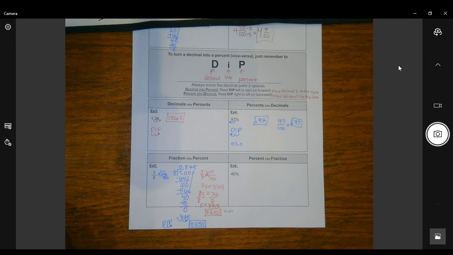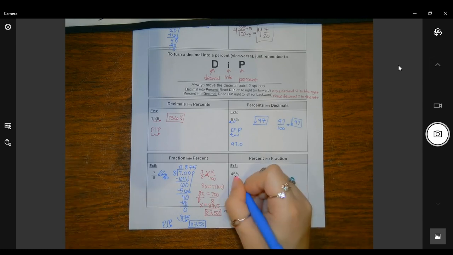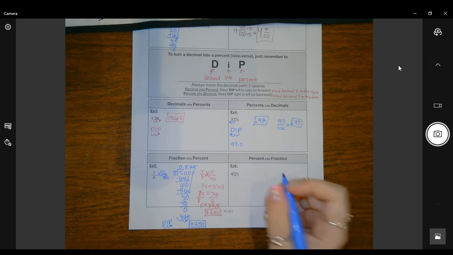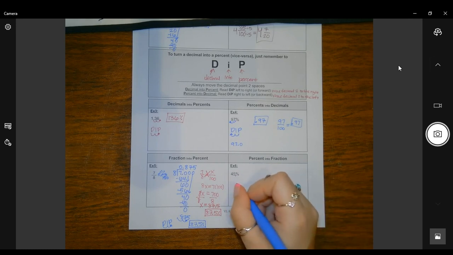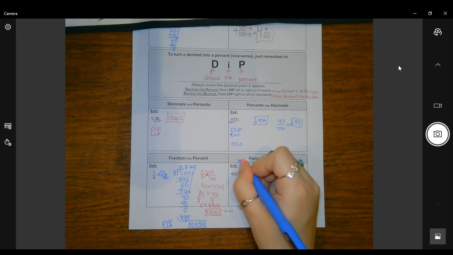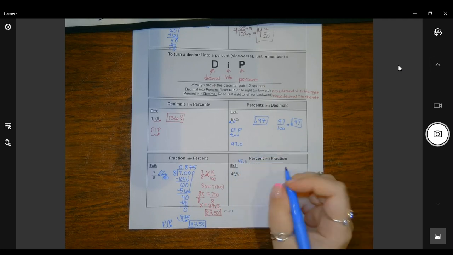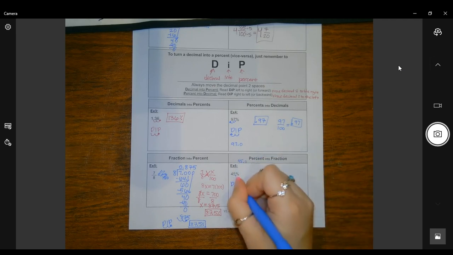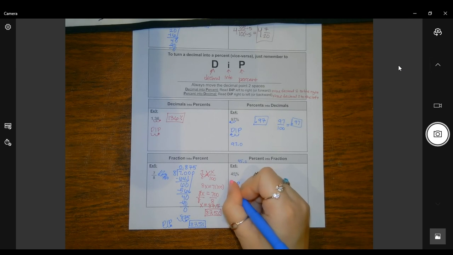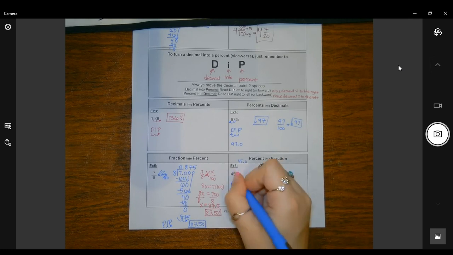Okay, finally, last one. Okay, you know the decimal is right here for right now, because 45 is the same as 45.0, right? And if you're going from a percent to a decimal, I need to move it 2 to the left.